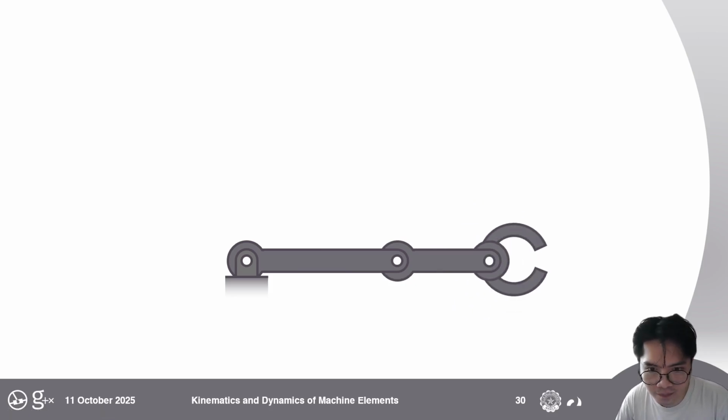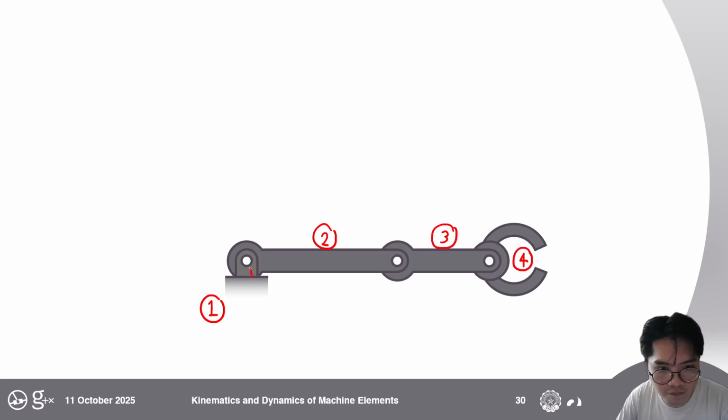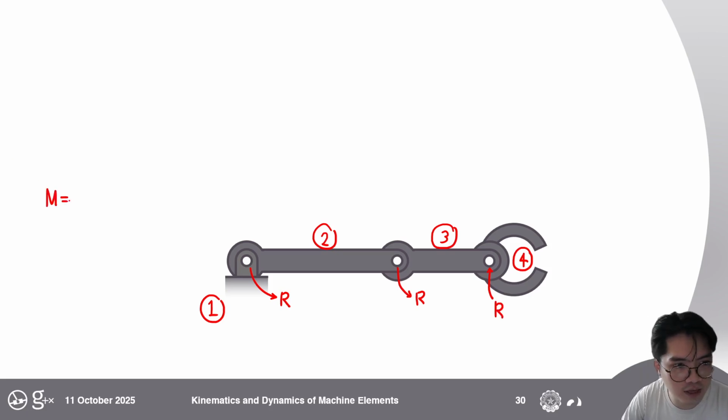The thing about this is that this is technically an open kinematic chain. Say, for example, we have here ground link 1, this link 2, this link 3, and this link 4, with a revolute joint, another revolute joint, another revolute joint. To get the mobility, you use NL minus NJ minus 1 plus all of your connectivities.